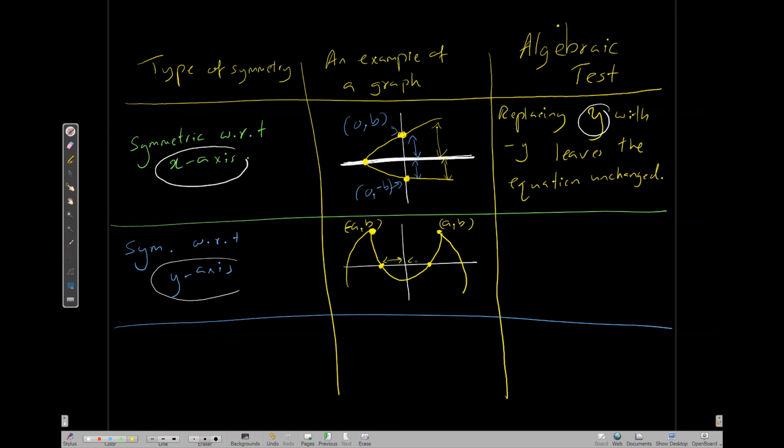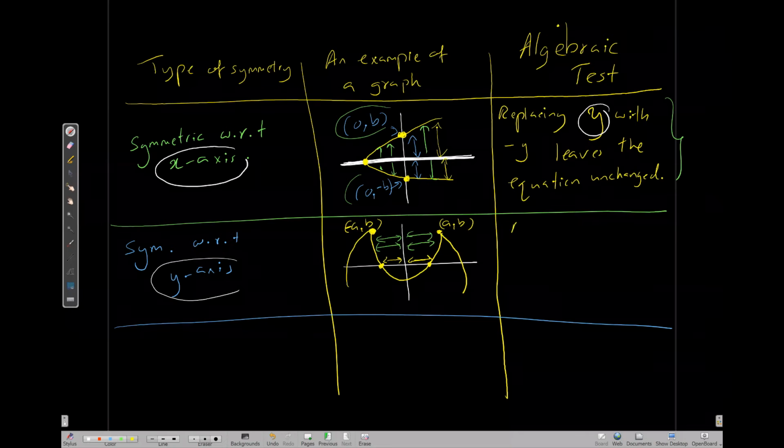You have the same distance from the y-axis this time. See, in the earlier case, you have the same distance from the x-axis, all those points. Now in this case, you have the same distance from the y-axis. Again, you don't have to remember these a's and b's, you don't have to remember these cases, but what you need to remember is this.